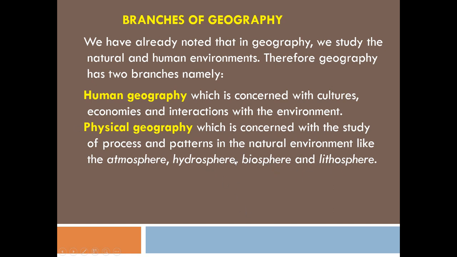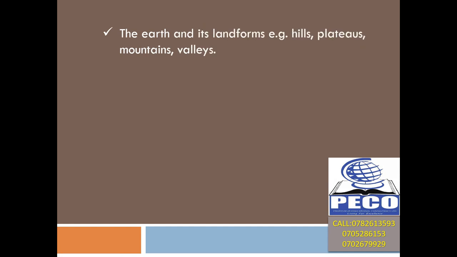So physical geography is concerned with understanding the atmosphere surrounding us, the hydrosphere surrounding us, the biosphere surrounding man, and then the lithosphere. The areas we study under physical geography include the earth and its landforms.